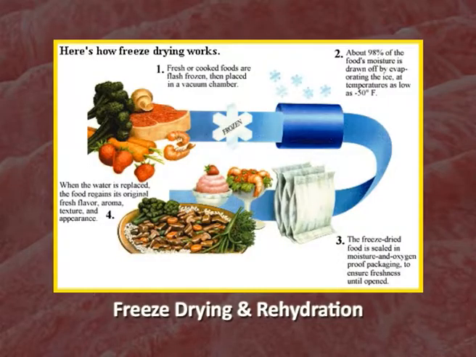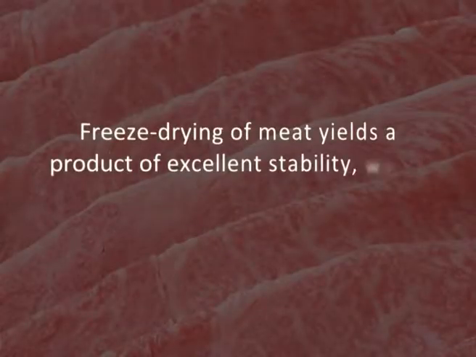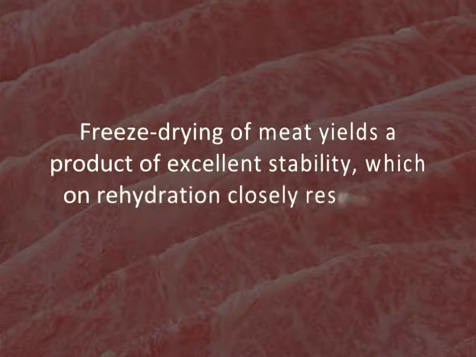In freeze drying, meat is first frozen at -40 degrees centigrade. Then it is dried under vacuum for 9 to 12 hours at low temperature in a plate heat exchanger at 1 to 1.5 mm pressure of mercury. Ice crystals formed during freezing get sublimed to water vapor and there is no increase in temperature. Freeze drying of meat yields a product of excellent stability, which on rehydration closely resembles fresh meat.